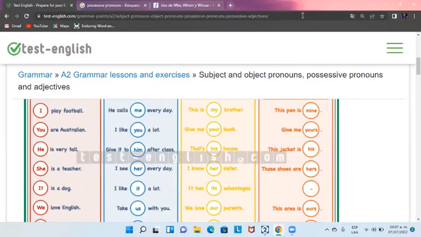Bueno, en este caso, recuerden que ambos están señalando la posesión de algo.